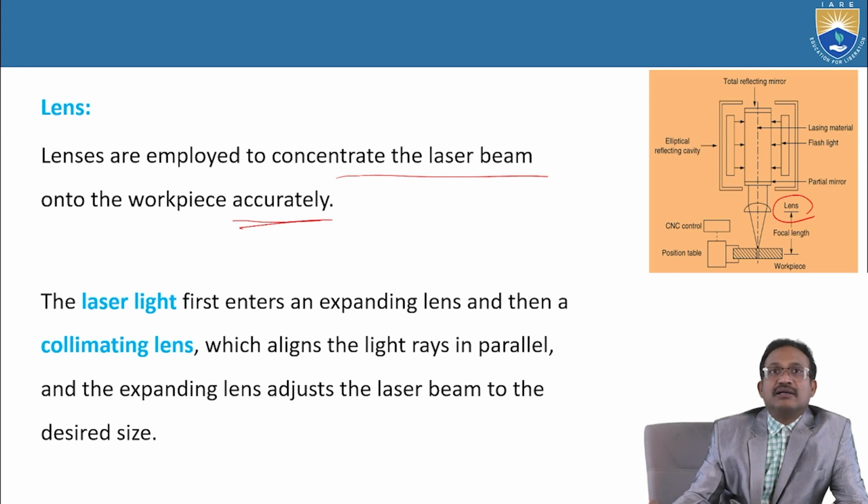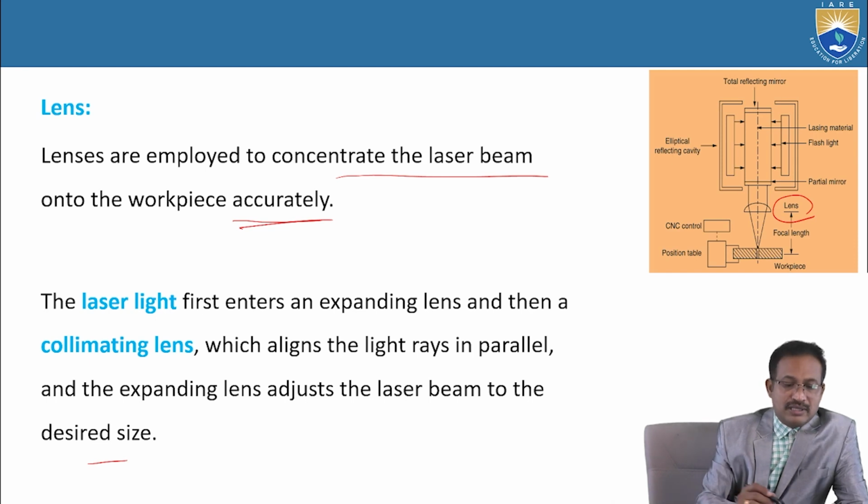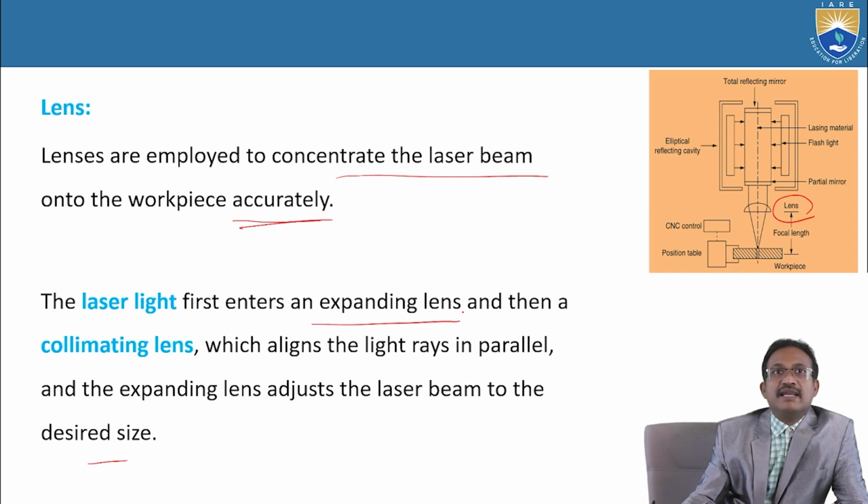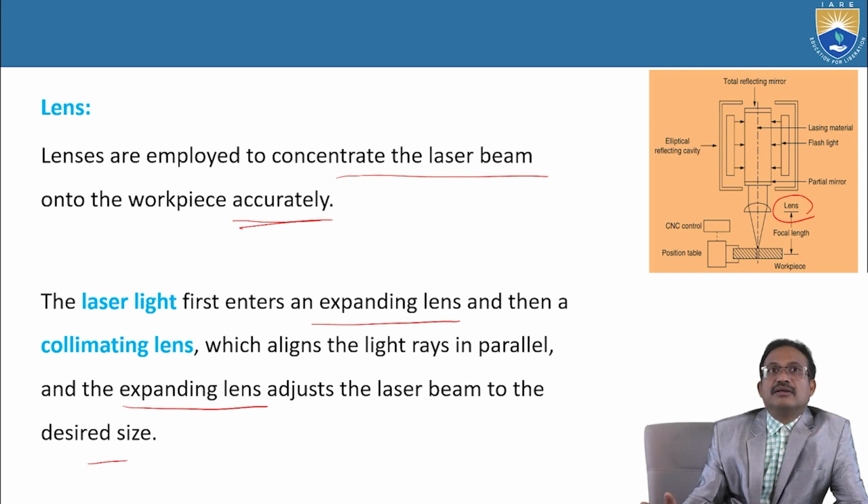The collimating lens aligns the light rays in parallel, and the expanding lens adjusts the laser beam to the desired size.